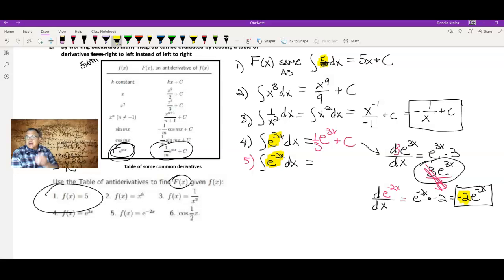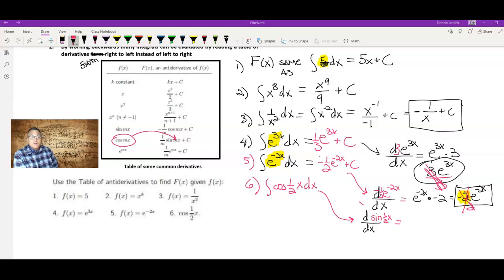If I had negative 1/2 in front of this, now when I do the derivative, I'd have a negative 1/2 in front, and those would cancel out, leaving me with e to the negative 2x. So my indefinite integral for this would be negative 1/2 e to the negative 2x plus some constant.